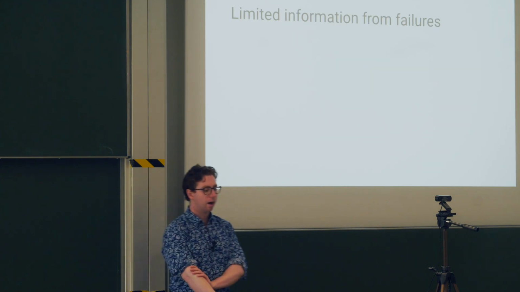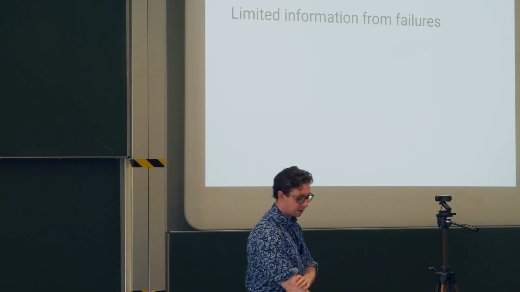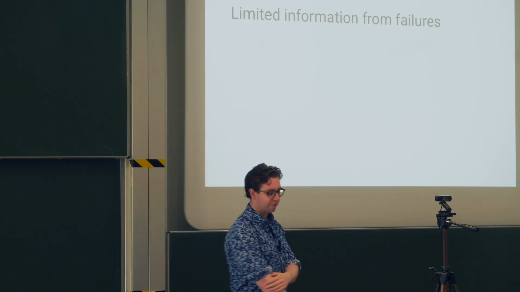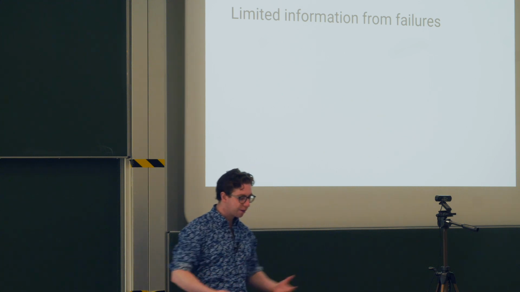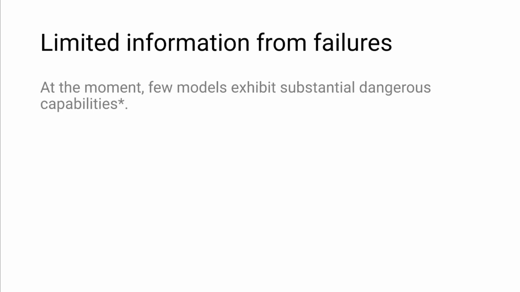Great. Finally, the last major limitation we'll talk about is getting limited information from failures. For a lot of the evaluations that we're doing at the moment, models aren't posing a major threat. At least when evaluations were started, models generally couldn't perform any of the tasks within, for example, self-proliferation suites.